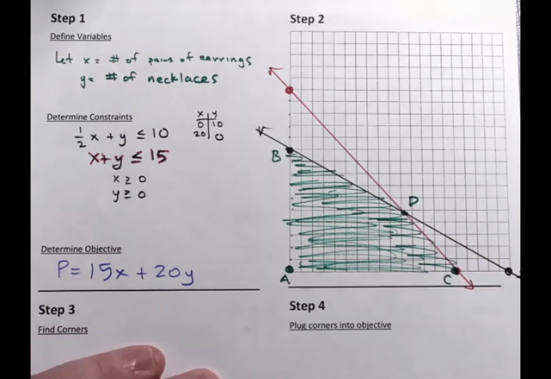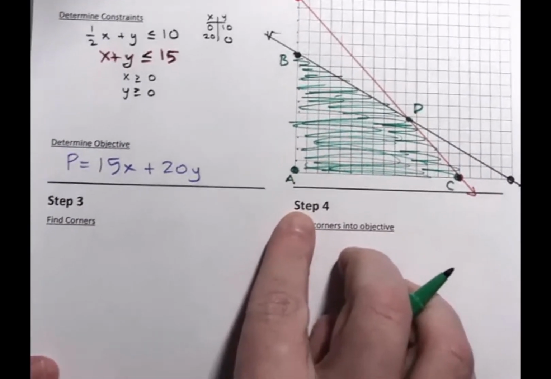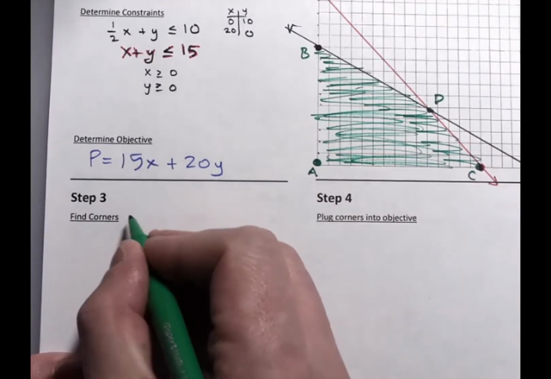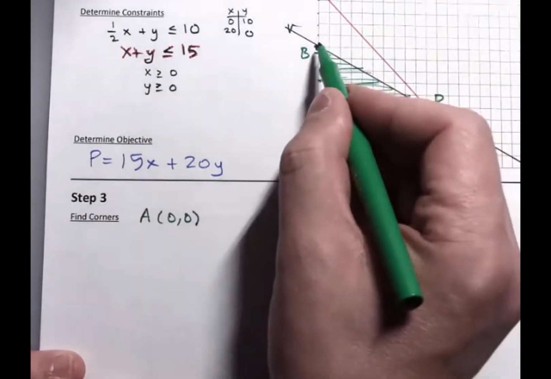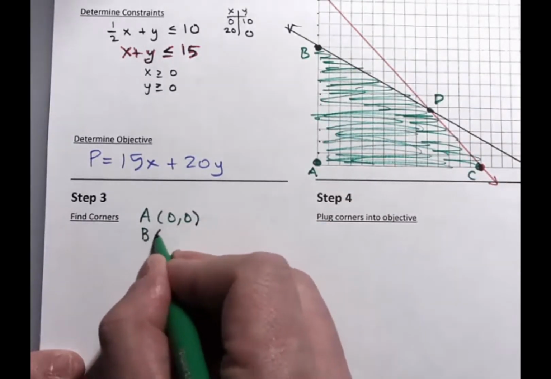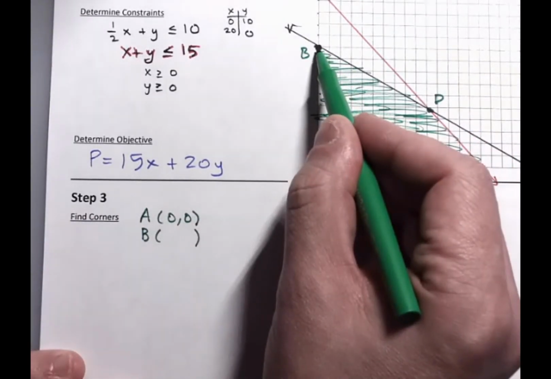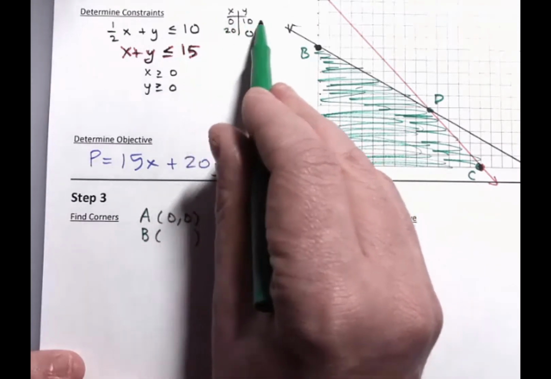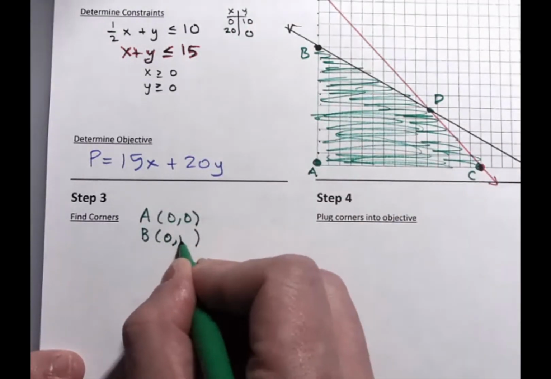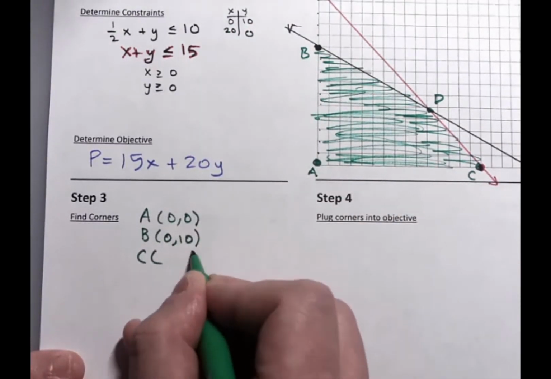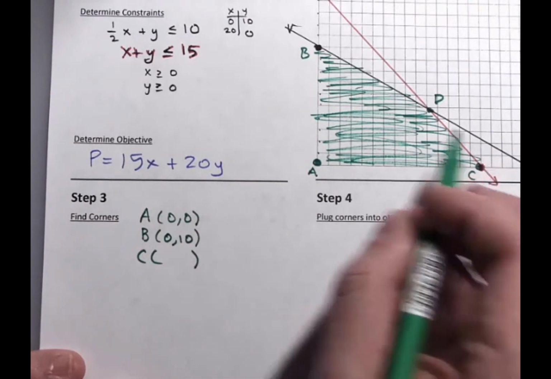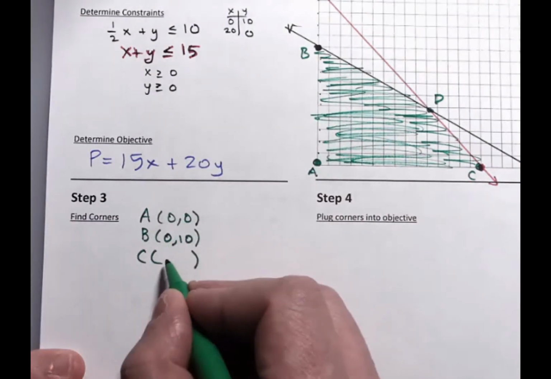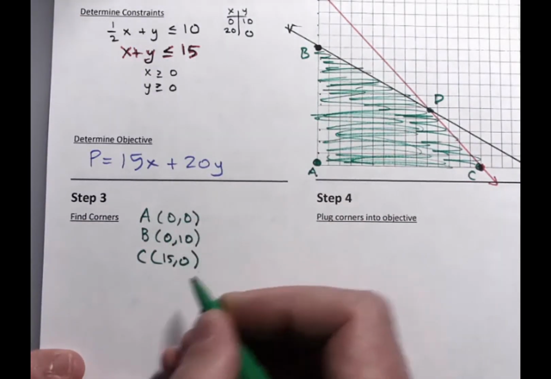Okay, the coordinates of A should be pretty clear, right? A is (0, 0). B was the black line's y-intercept, and the black line's y-intercept is located at (0, 10). C is the red line's x-intercept, so that would be (15, 0).